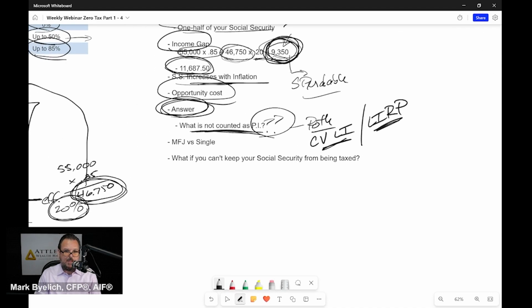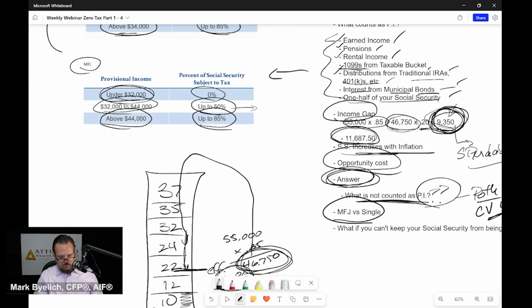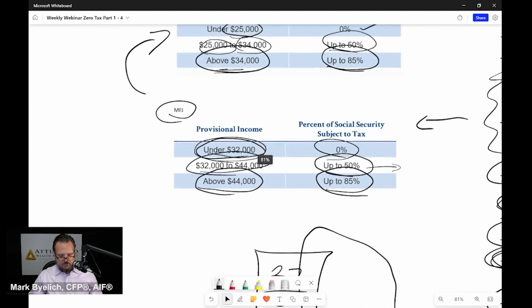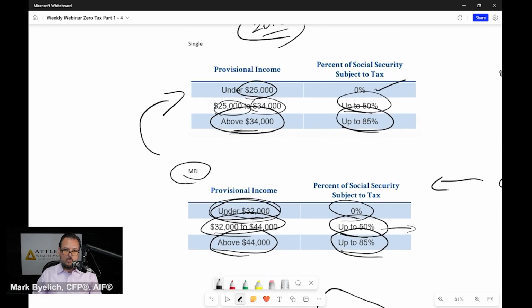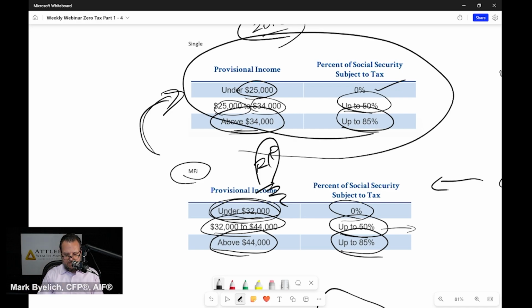So some people say, and I talked about married filing jointly versus single, just like your tax code, folks. As soon as one of you passes away, as soon as one of you is in the ground or on the mantle, then your spouse has more aggressive tax rates, regular tax rates, more aggressive provisional income rates.